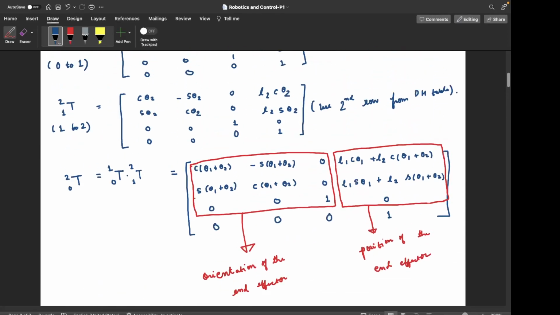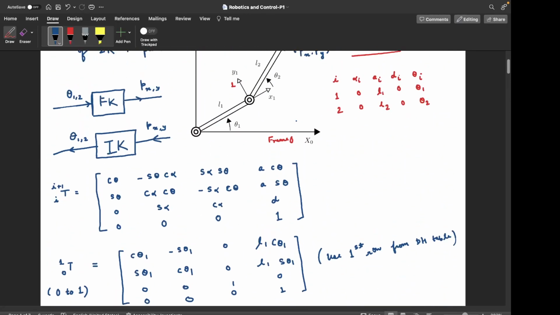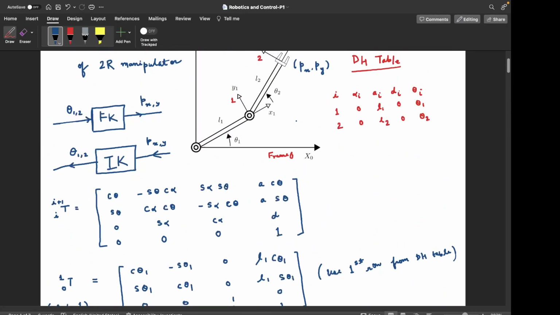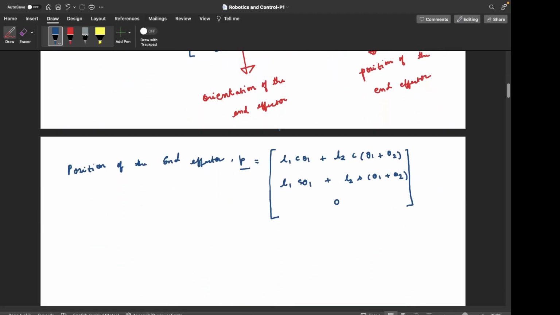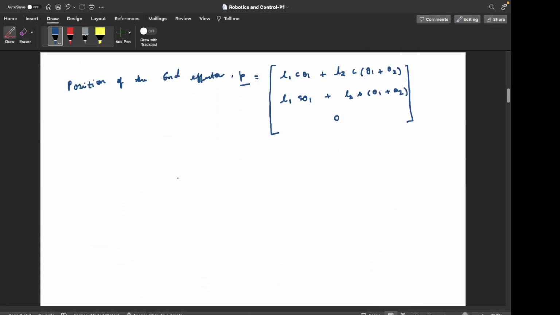Now let's say we actually know the end effector position, right? Because in inverse kinematics we know the end effector position beforehand and want to compute the joint angles. So let's say the position is given by px and py, the x and y coordinates of the end effector. So we will get two equations, right?